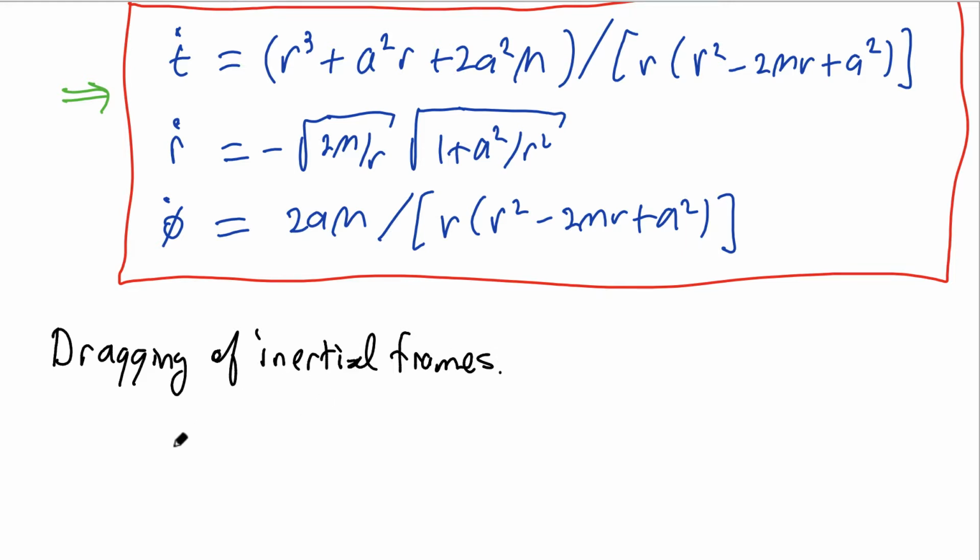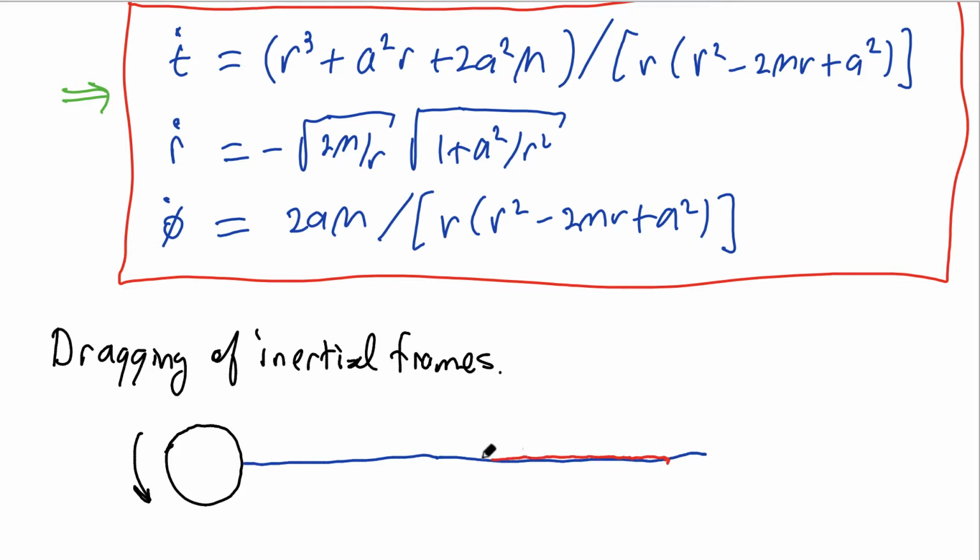So let me draw a picture of the black hole. This is a top view looking down the z-axis. So this is the horizon of the black hole. It's rotating in this direction. Now this is a phi equal constant coordinate line. And our observer, who begins out near infinity, falls in towards the black hole, but is swept along by the rotation of the black hole.